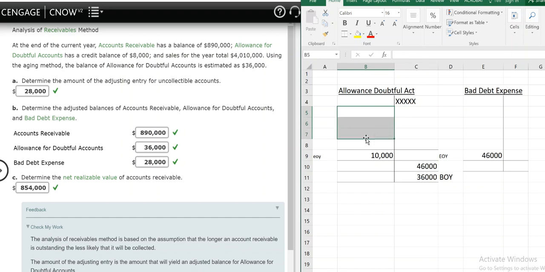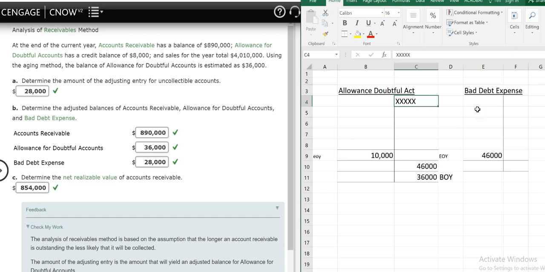So if you end up in this last example with $10,000 on the debit side, that tells you that the write-offs during the year were bigger than the amount you estimated a year ago.